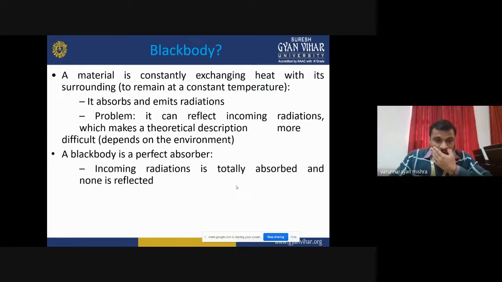A black body is considered a perfect absorber, meaning it absorbs all kinds of radiation that reach that body or object. But no such black body exists in nature that absorbs all kinds of radiation, all types of energy sources.